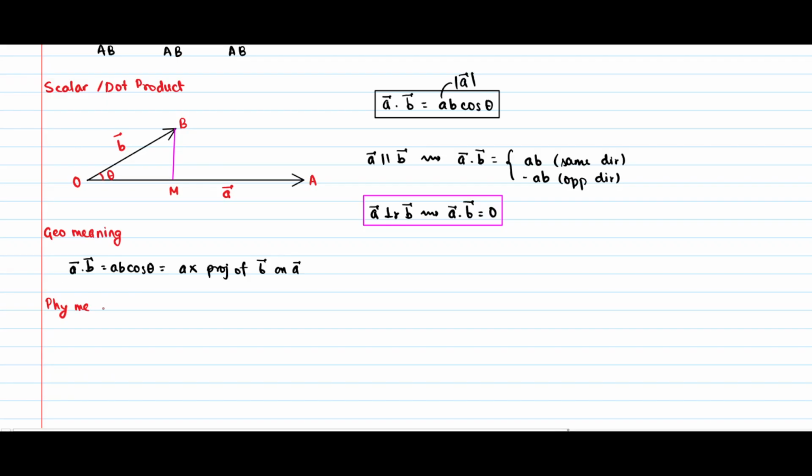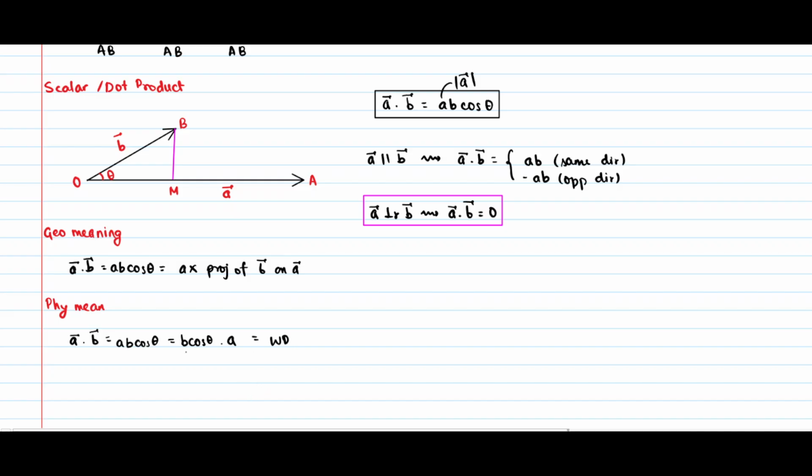And the physical meaning is that we can do A dot B equals AB cos theta, and we can write this as B cos theta times A, which is basically work done.